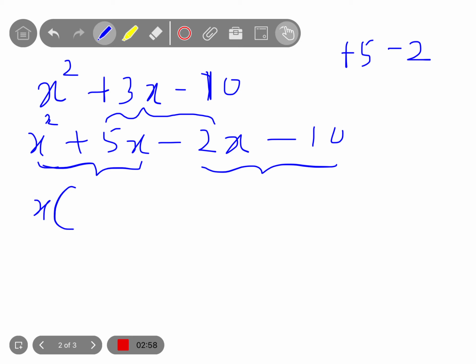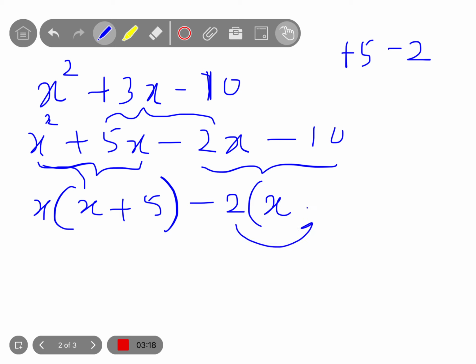Then what remains out of x square is x. Out of 5x, if you take the x out, that's plus 5. And for the remaining two terms, I will take the minus 2 out. So minus 2 times x is minus 2x, and minus 2 times plus 5 makes minus 10.